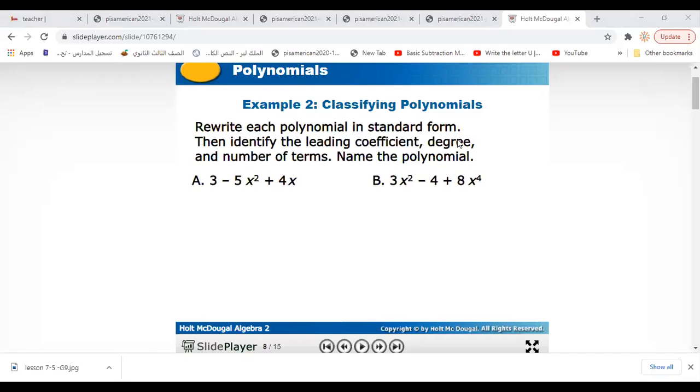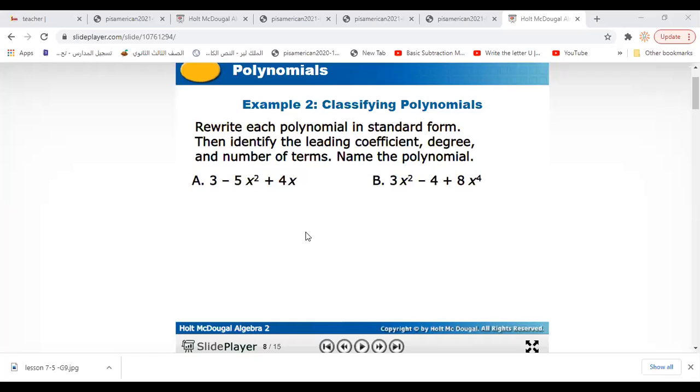Yes, Bomika, go on. First, we want to write it in standard form. So how are you going to write it in standard form? Quickly, please. We can't simplify it because all are unlike terms, Bomika.